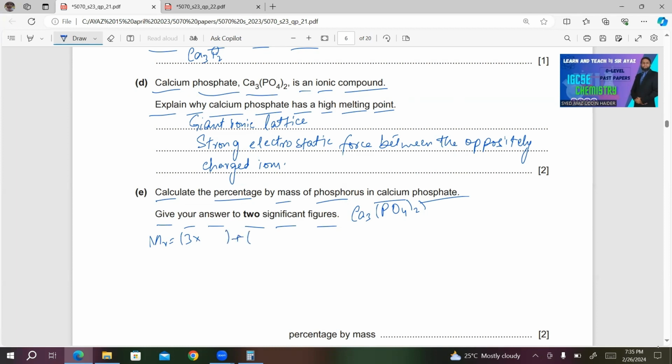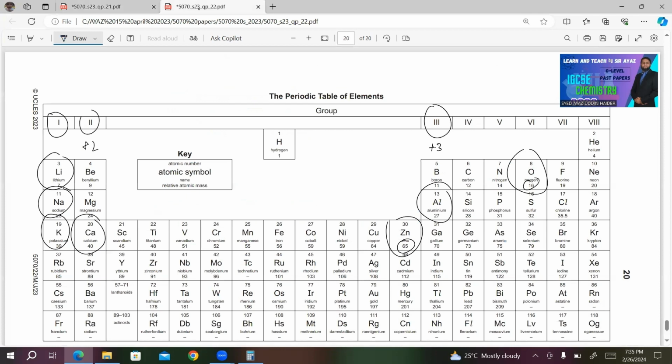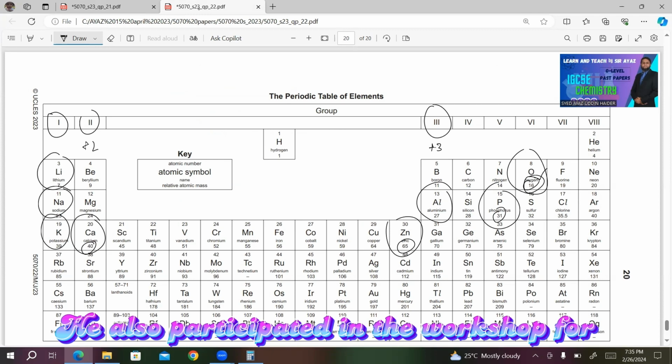Then we will multiply 2 by the mass number of phosphorus. Then 4 multiplied by 2 is 8, so 8 by the mass number of oxygen. Let's see the mass number of calcium. Here's calcium, mass number of calcium is 40. Phosphorus, here it is, it's 31. Oxygen 16.